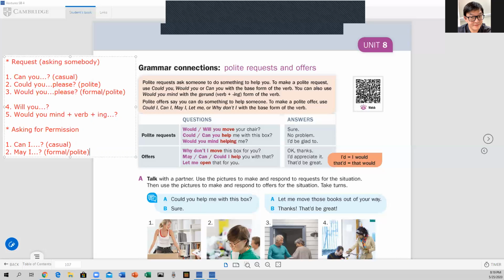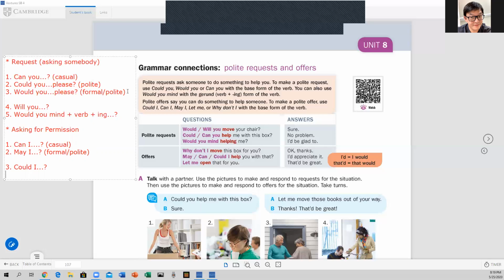Okay, good. So what the book is adding here is the same thing, but now is could I, which is not a big deal. It's, could I go to the bathroom? Could I help you?